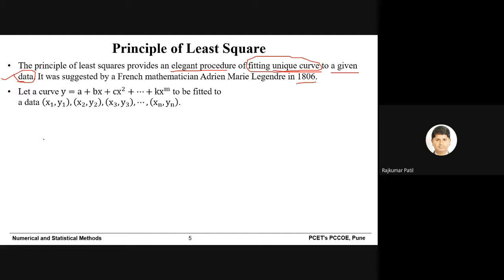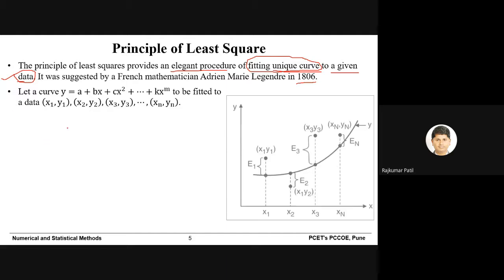Okay, and how is it carried out? Consider data points x1, y1, x2, y2, x3, y3, up to xn, yn. These are the n data points, and we want to develop the relationship between x and y.